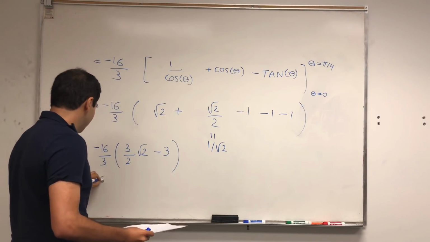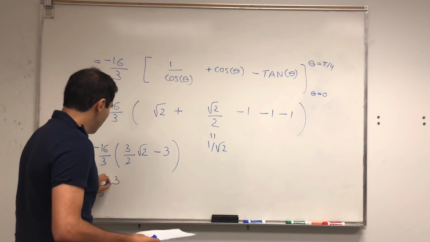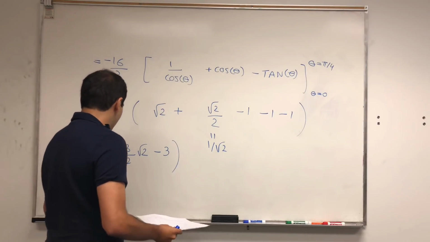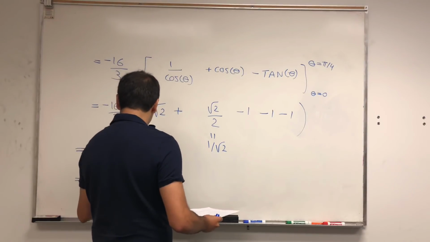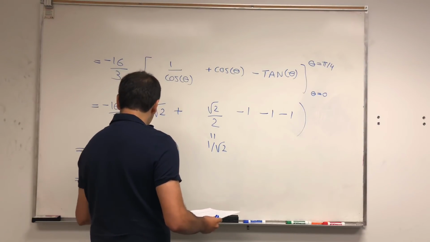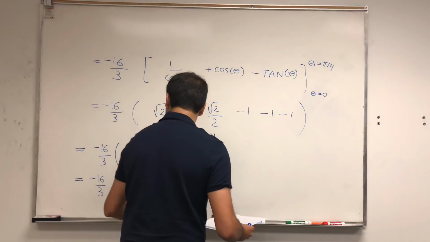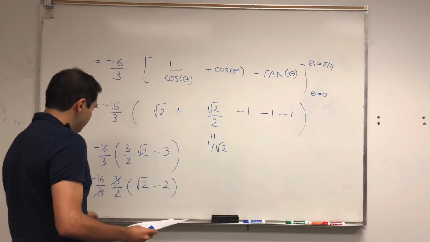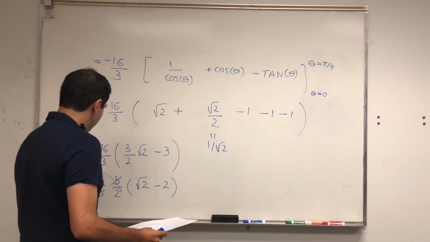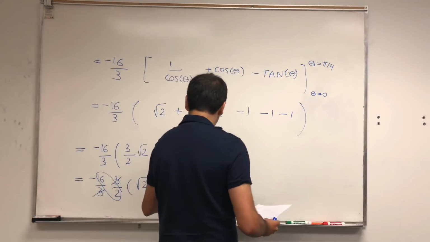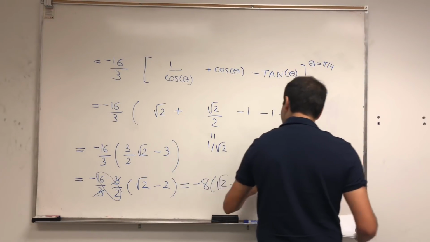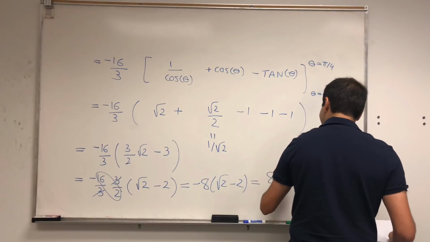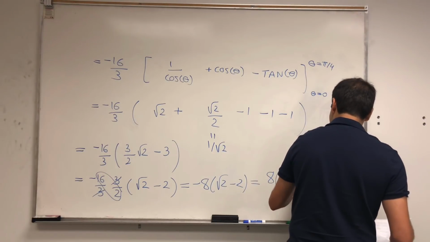If you want, minus 16/3, first pull out the 3, and in fact pull out the 3/2, and you get square root of 2 minus 2. The 3's cancel out here. This becomes minus 8. So it's minus 8 times square root of 2 minus 2. And last simplification, that is 8 times 2 minus square root of 2.